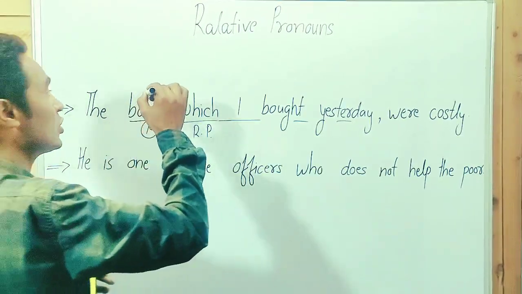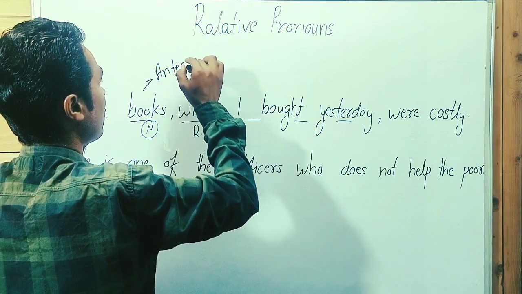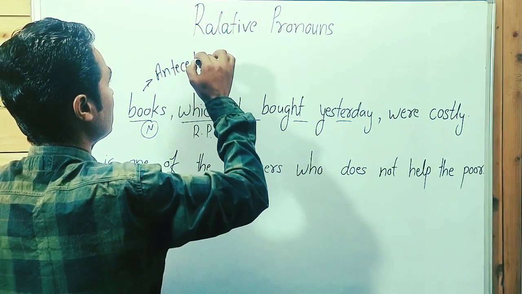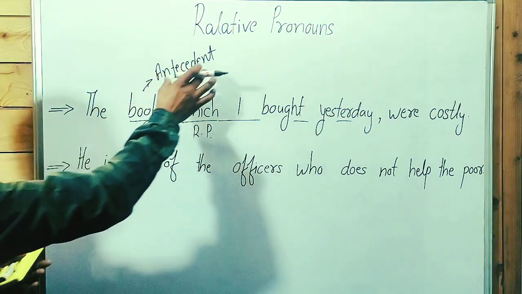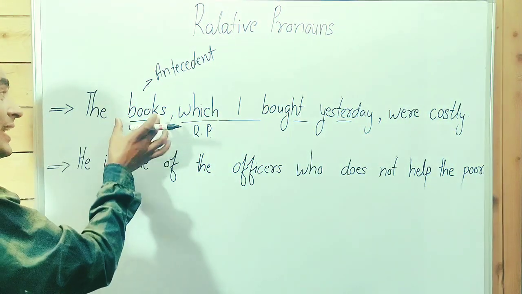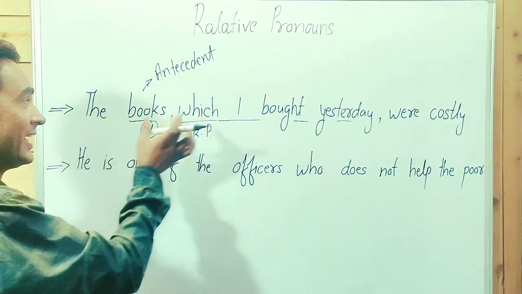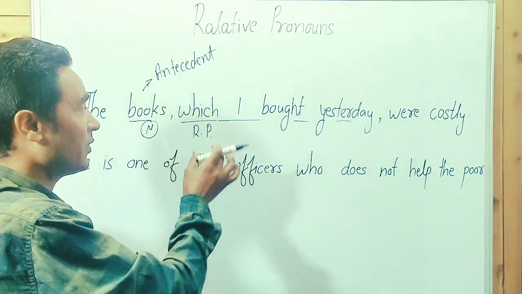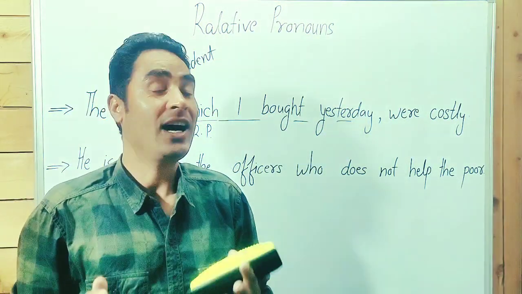This is also called the antecedent. Books is an antecedent, which is a relative pronoun, and which I bought yesterday is an adjective clause.